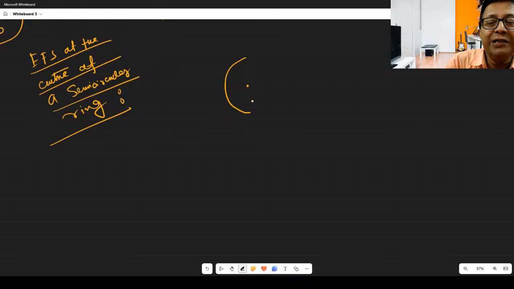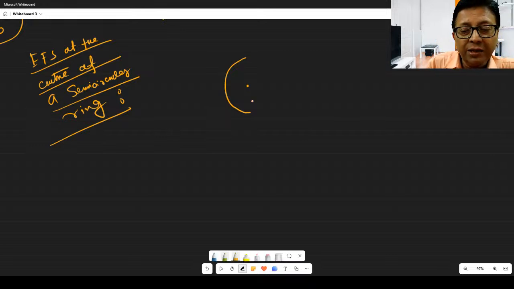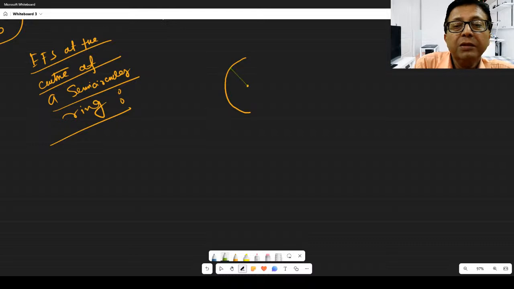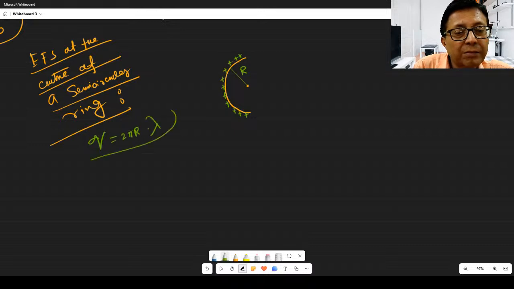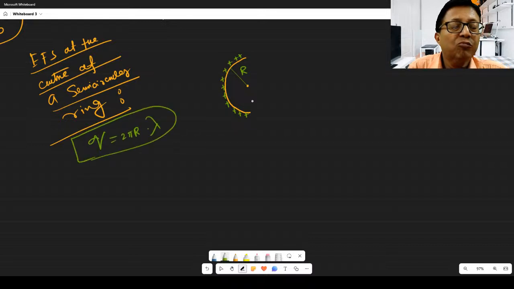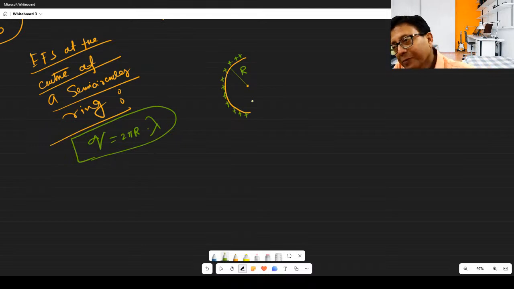This one has radius r and line density of charge is there, that is lambda. Q equal to 2 pi r into lambda.